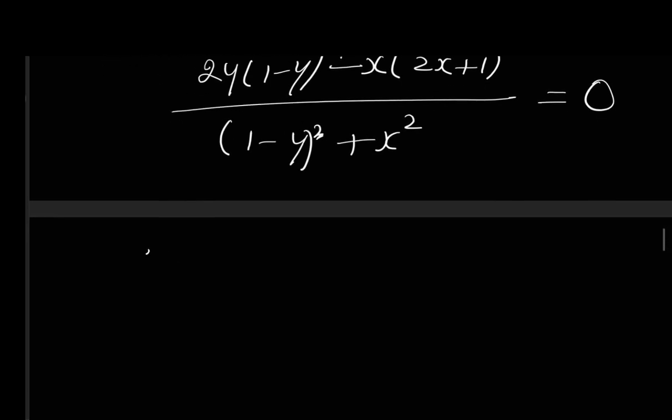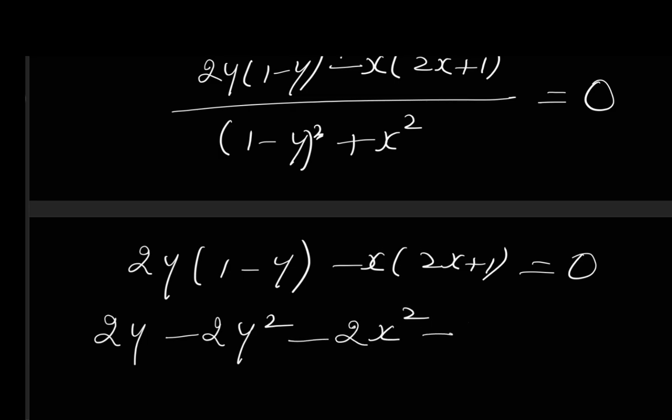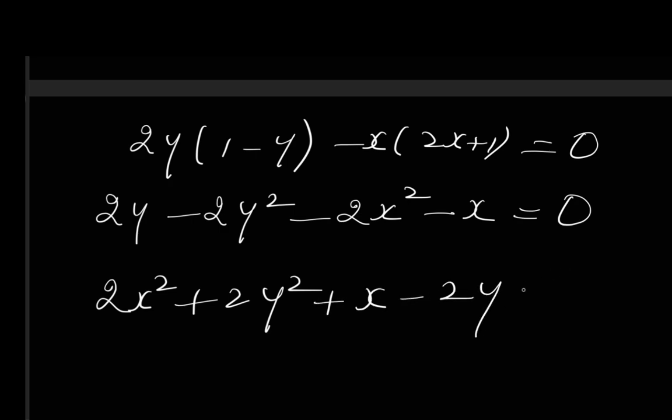Cross multiply. So 2y into (1 minus y) minus x into (2x plus 1), cross multiply, will get 0. So 2y minus 2y squared minus 2x squared minus x is equal to 0. You change the sign for all the terms: 2x squared plus 2y squared plus x minus 2y is equal to 0.